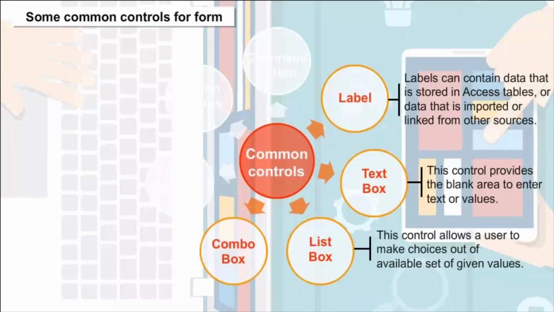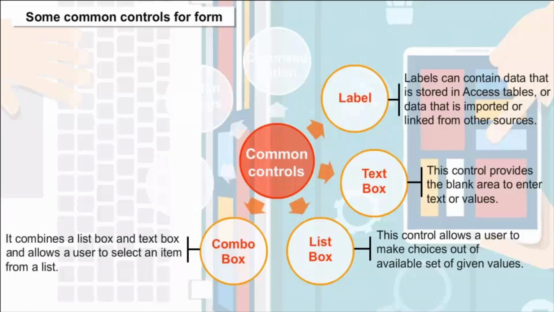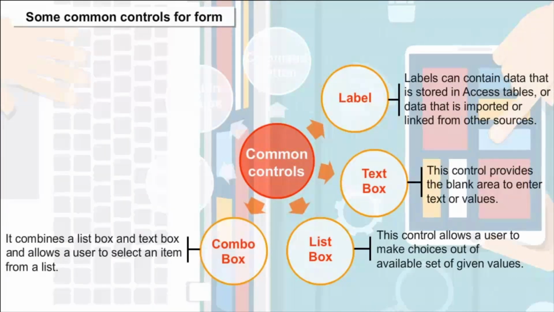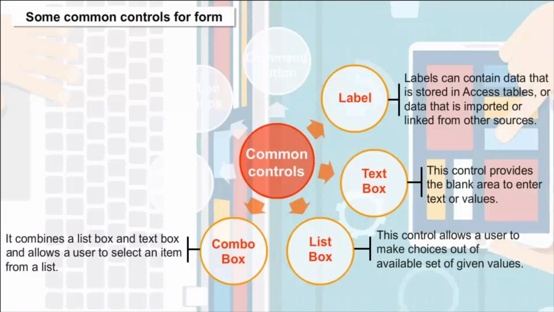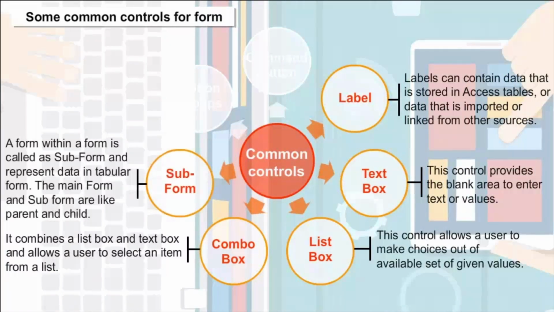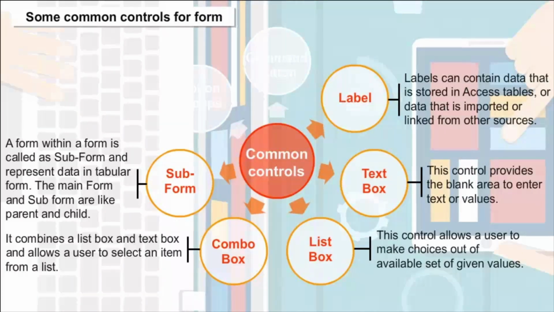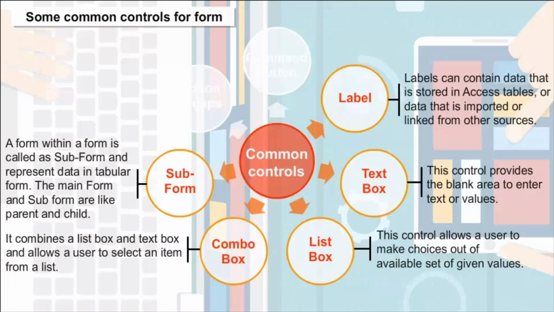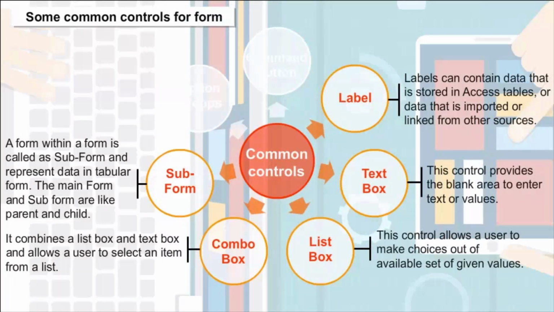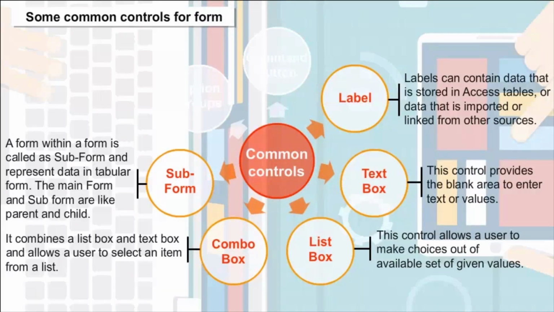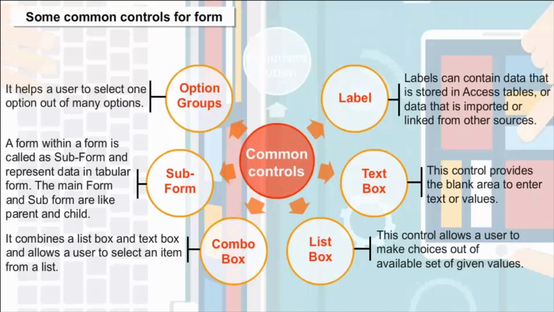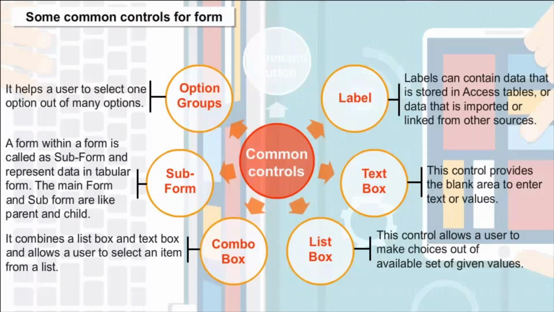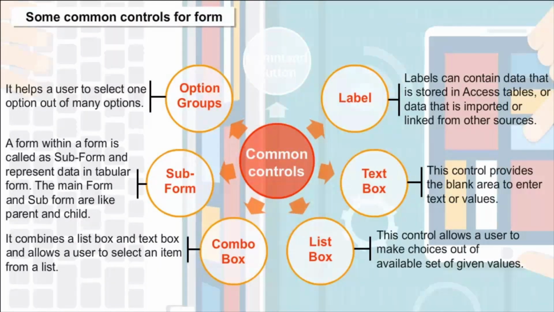Combo box. It combines a list box and text box and allows a user to select an item from a list. Subform. A form within a form is called a subform and represents data in tabular form. The main form and subform are like parent and child.